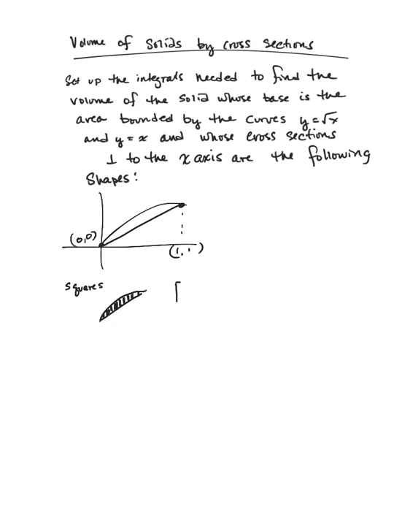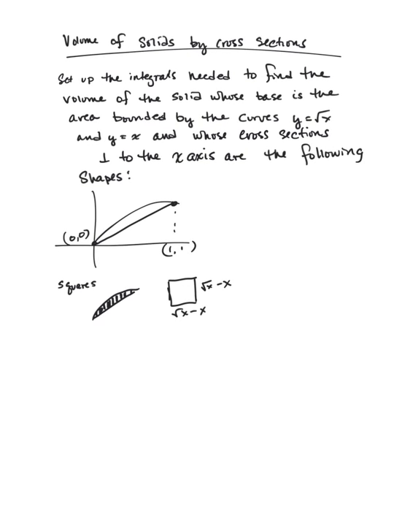If we draw the square, the base of the square is your upper curve minus your lower curve, right? But both bases are the same. So when you go to make the integral, it's going to be the square root of x minus x, squared, dx from 0 to 1.